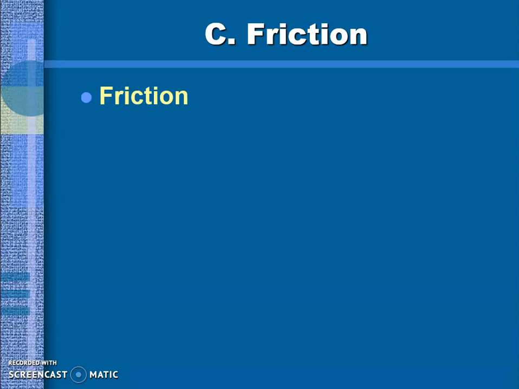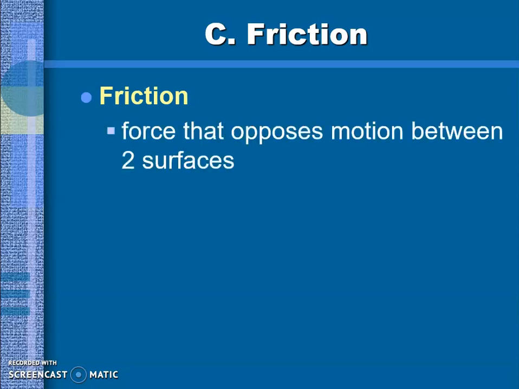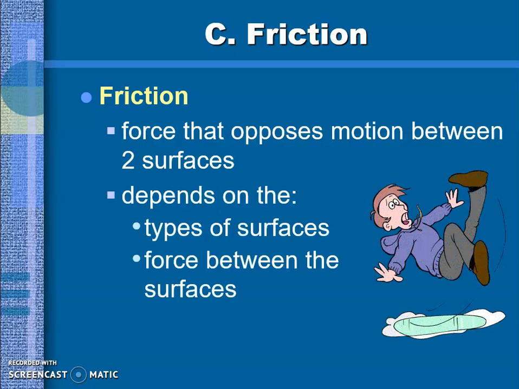So what about friction? What is friction? I mentioned that in one of my examples. Let's talk about it. Friction is the force that opposes motion between two surfaces. It opposes motion. Friction depends on the type of surfaces that are interacting with each other and the force between the surfaces.